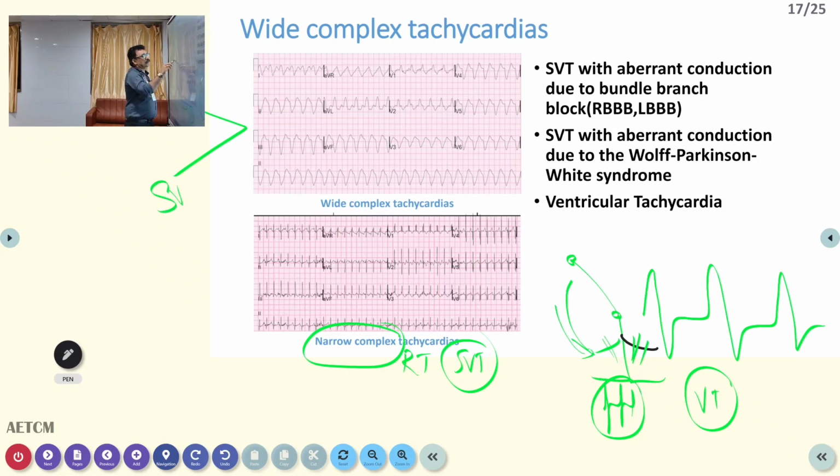The other is SVT with RBBB, SVT with LBBB, or SVT with WPW syndrome, where there is an accessory pathway. So there are multiple possibilities for a wide complex tachycardia, and narrow complex tachycardia has only two important possibilities: AV nodal re-entry tachycardia or AV re-entrant tachycardia.